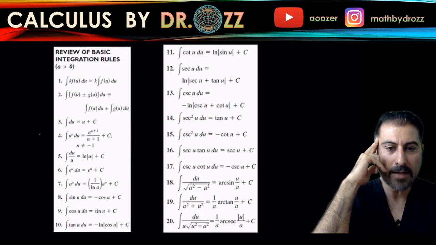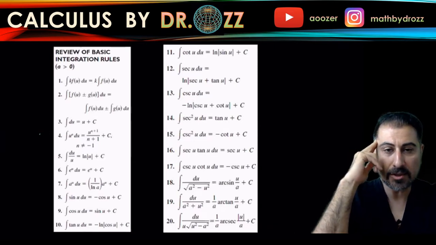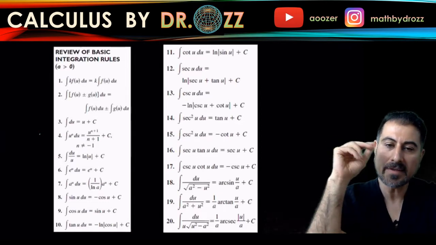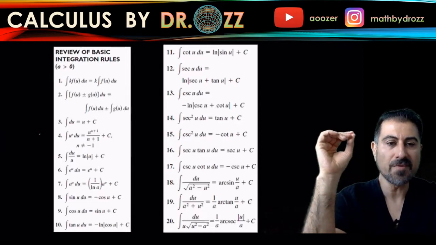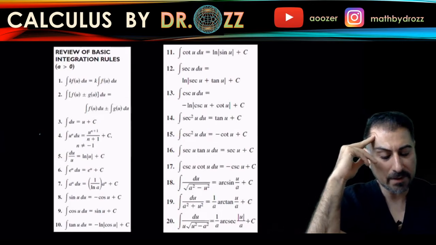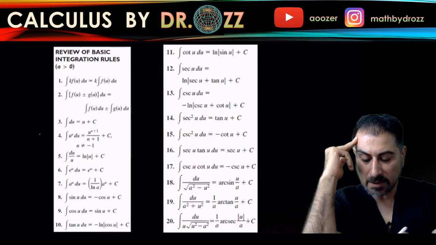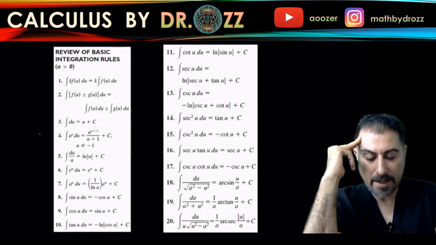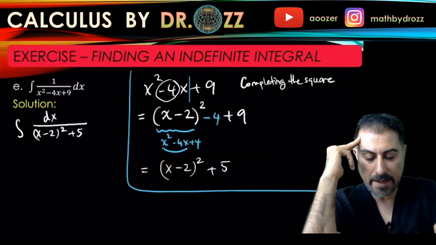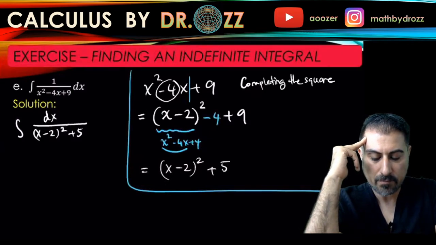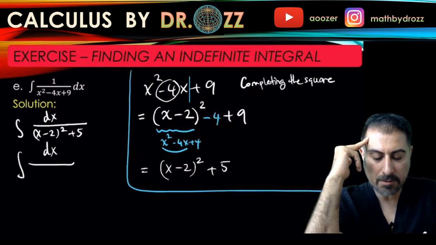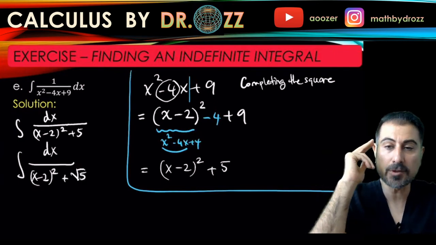But I still need to modify the final integral by using a u substitution. So you have du over a squared plus u squared. The form we have is very similar to that. And this is integrated as 1 over a arctan u over a plus c because we have the sum of squares. So I have dx over x minus 2 squared plus, I can rewrite 5 as radical 5 squared.